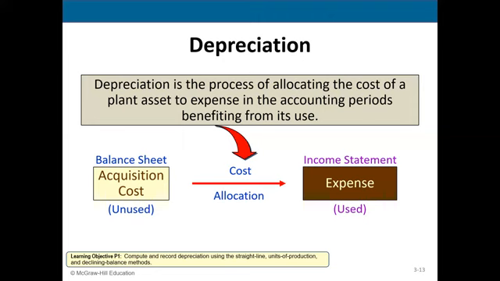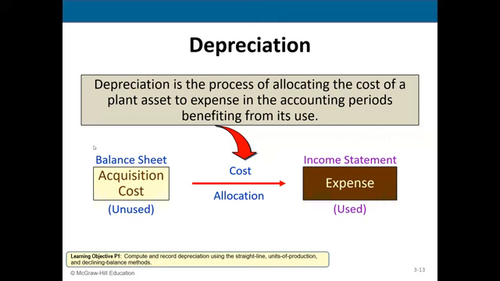We take our acquisition cost, remember that's the purchase price plus all those extra things, into consideration. We also take into consideration this concept called salvage value, which is what it would be worth at the end of its useful life, and the useful life itself, the time expected that we're going to use this asset. Okay?